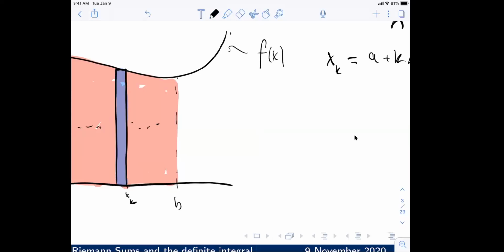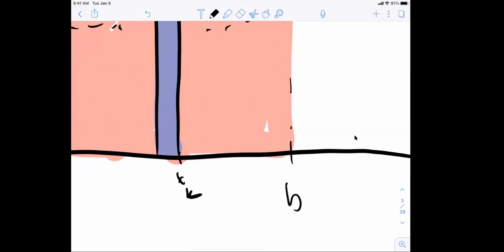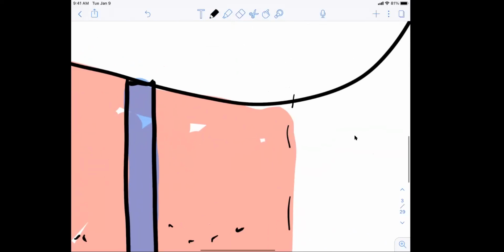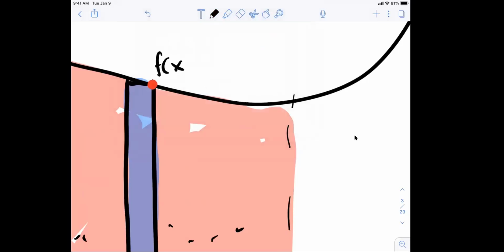So the side length for this general rectangle, the base, well, that's delta x. And the height, well, we're using right endpoints, but we could just as easily use left endpoints. But either way, the height is going to be one of these two points up here. And right now I'm taking it to be f of xk.